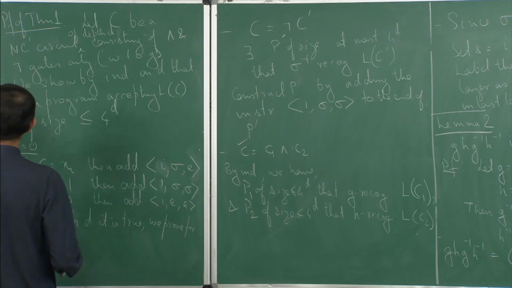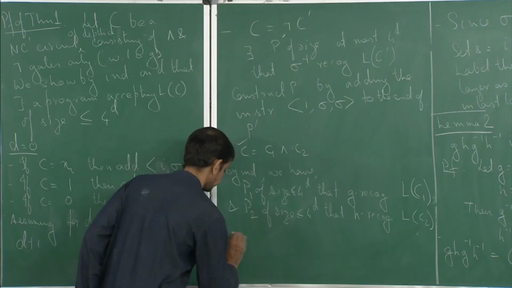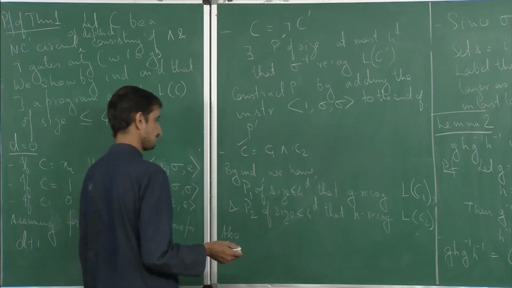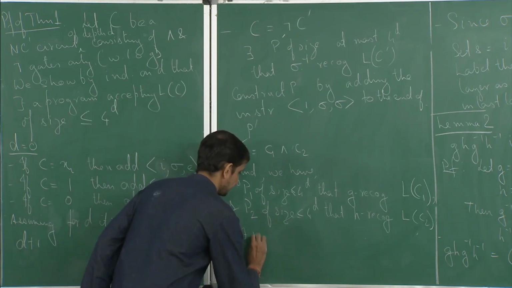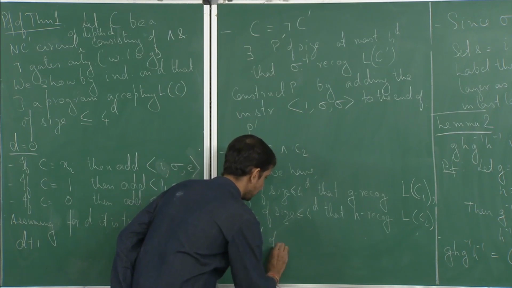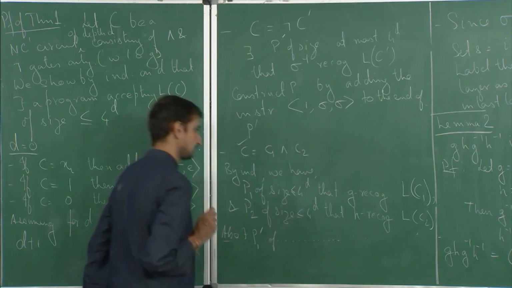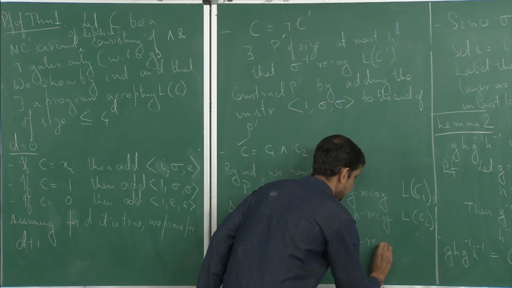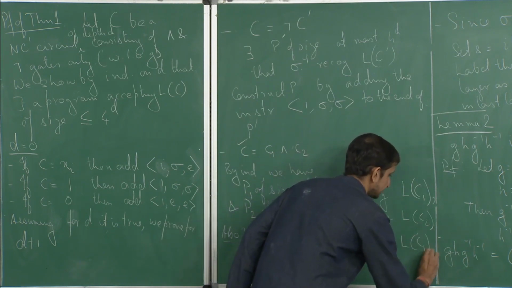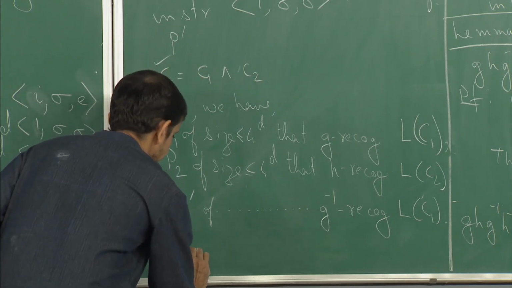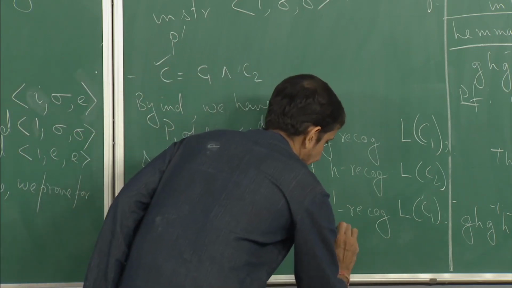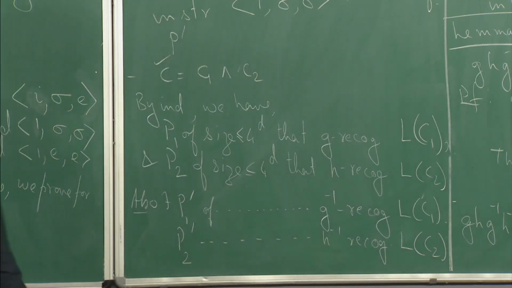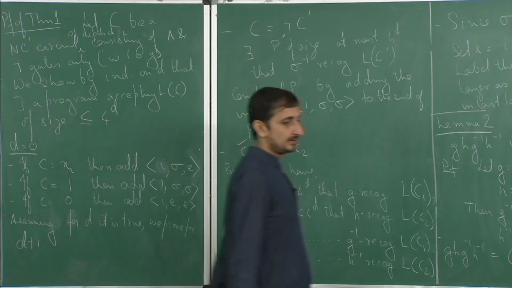Now, applying lemma 3 once again, we get P1 prime of size at most 4 to the power D that G inverse recognizes L of C1, and P2 prime that H inverse recognizes L of C2.